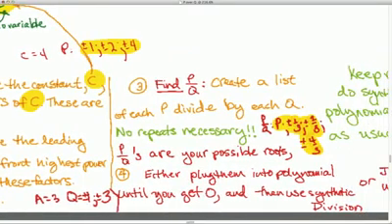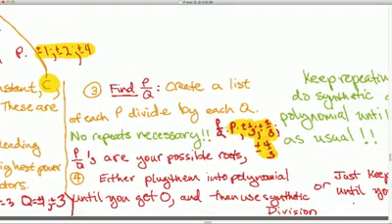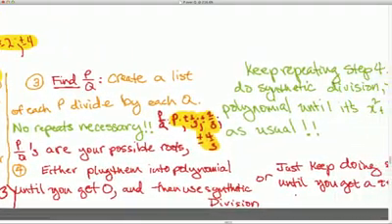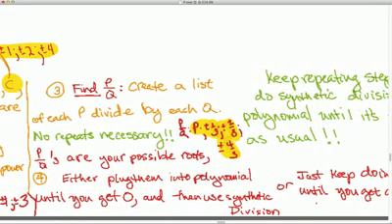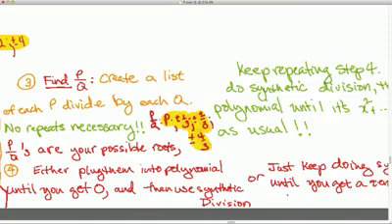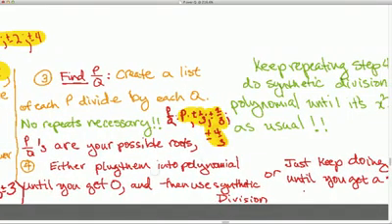So what do you do after you find these P's over Q's? There are 2 ways you can do this. Some people prefer one, others prefer the other method. So just pick one and keep doing it. First method is you're going to plug all these P's over Q's into the polynomial, and when you get a 0, that's when you've actually got a root.